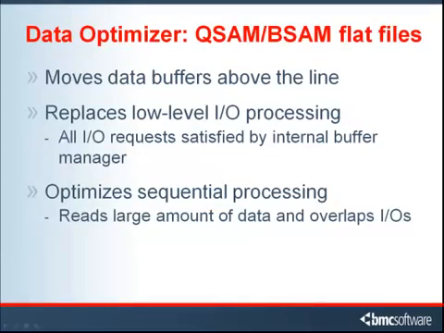All I/O requests are satisfied by the product's internal buffer manager. For sequential processing, MVBO reads large amounts of data and uses overlapping I/O techniques to maximize performance regardless of blocking characteristics. All of this processing is transparent to the application and no JCL or program changes are required.